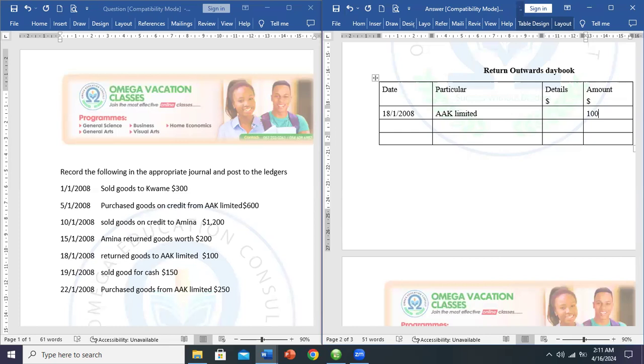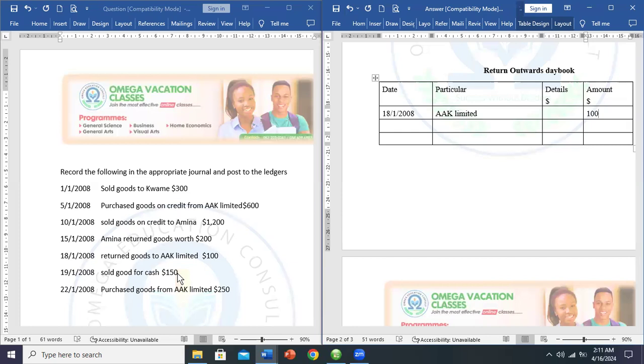Another person attempted to put it in the cash book, but because we have not gone through the cash book, the person was struggling with the format of the cash book. So yes, he got the concept right that he's supposed to put it in the cash book because this is a cash transaction.